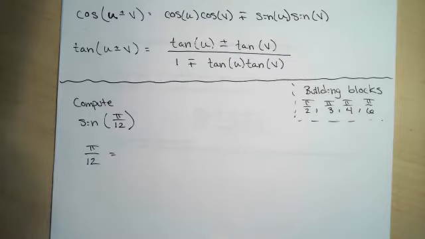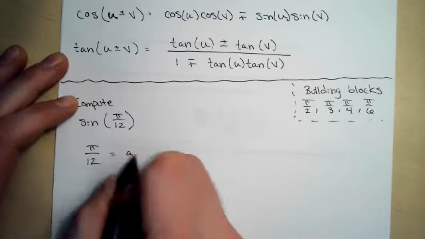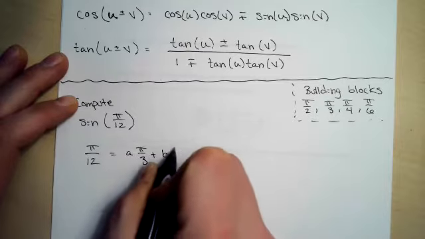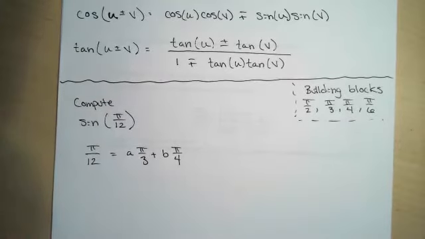And so what you have to get good at with a lot of these is figuring out, well, what scalar multiples of those will give us pi over 12. And you actually have a little bit of freedom to guess and check here a bit.